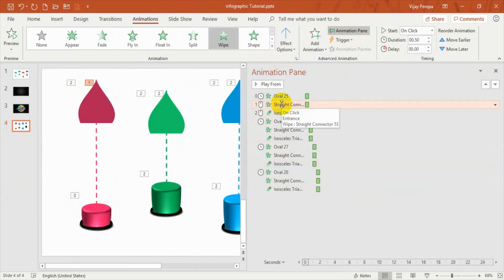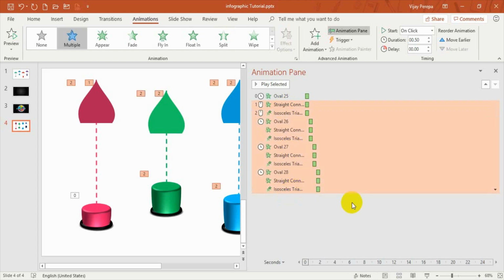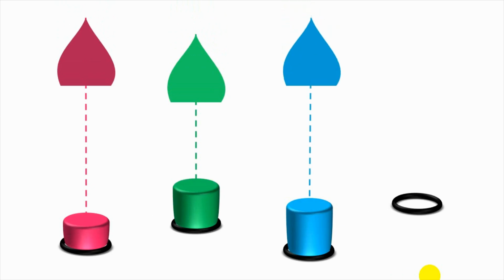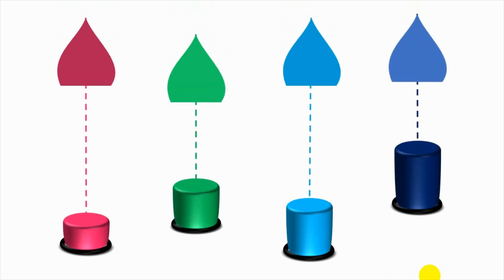The problem is everything is coming like this. I don't want them to come in a different order, so everything should come after each animation. So now you can see that. So now if you see the animation, it's like this, it's coming, then it's coming. Yes, that way the animation is complete.